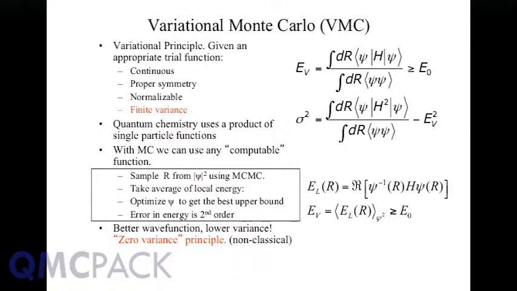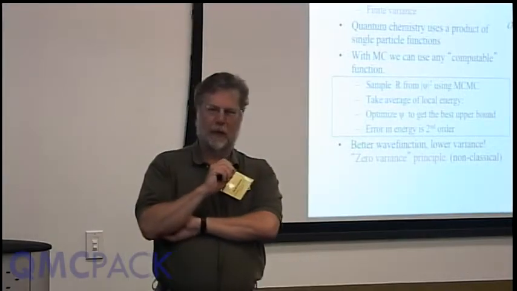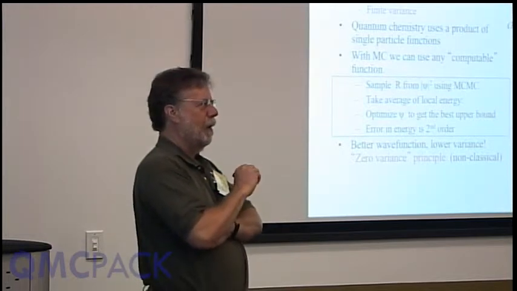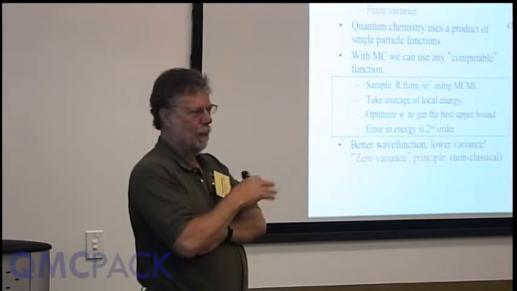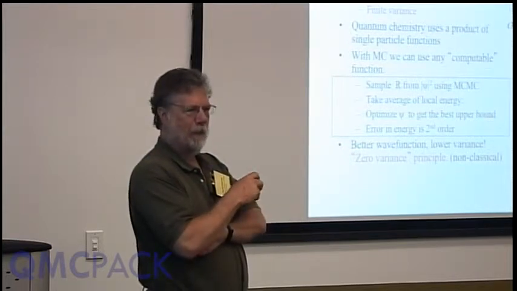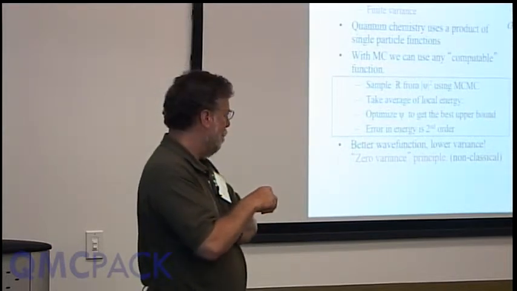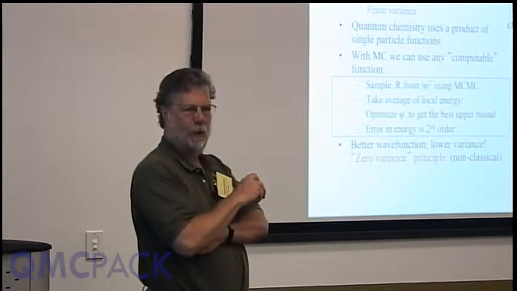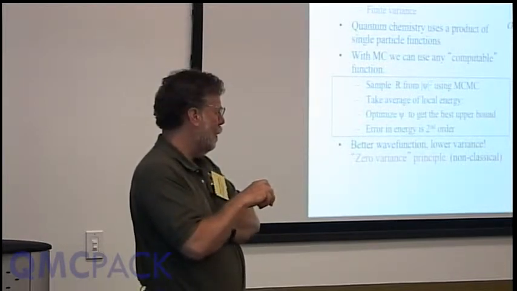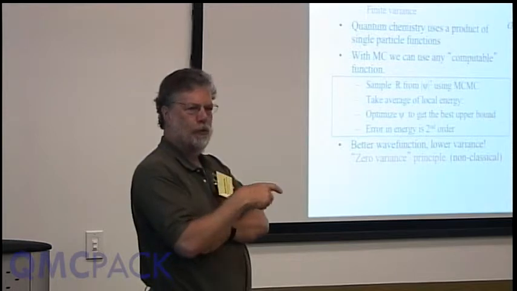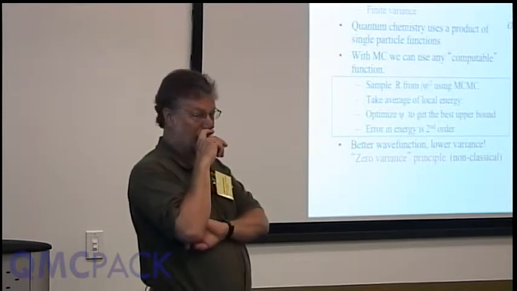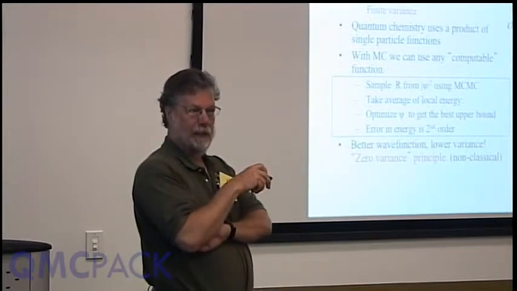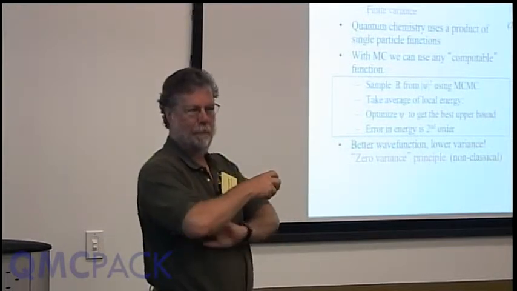And this is an important difference with classical Monte Carlo. Classical Monte Carlo, if you look at results, you don't often see things more accurate than 3 decimal places. But we can easily compute things to 4 or 5 decimal places accuracy because of this zero variance principle. What is it again? As the wave function approaches the exact wave function, the energy gets lower, the variance gets lower. And so we're in a situation where we win 2 ways.